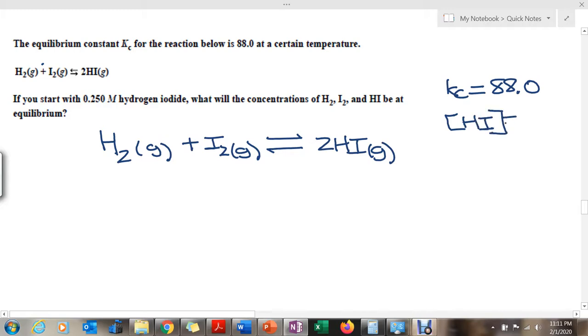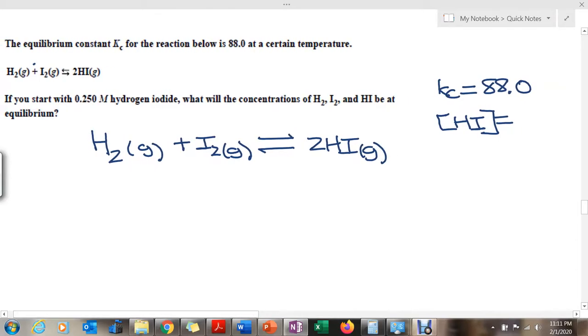Then they're also giving you the concentration of HI equals 0.250 molar. And they're asking for the concentrations of the three chemicals at equilibrium.